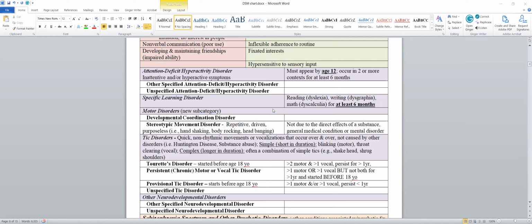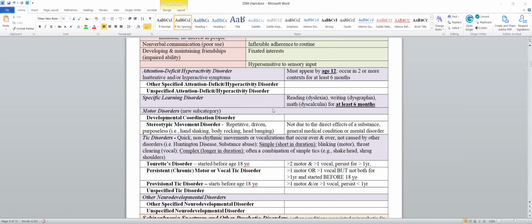Inattentive and or hyperactive symptoms must appear by age 12, occur in 2 or more contexts for at least 6 months. Subcategories are other specified attention deficit hyperactivity disorder and unspecified attention deficit hyperactivity disorder.